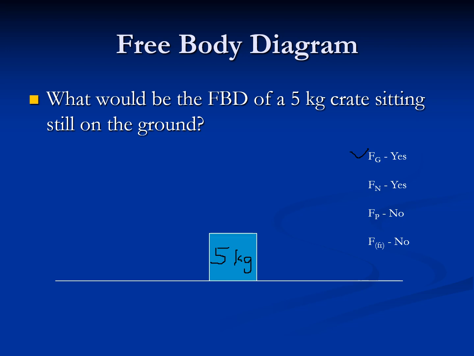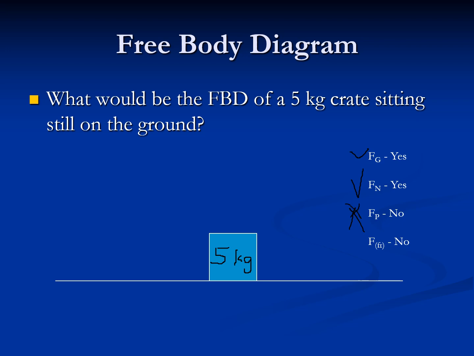Well, is there a normal force? Well, if this crate is sitting on the ground, is it touching a surface? Yes, it's touching the ground. We got a normal force. Is there an external push or an applied force? Well, it doesn't say so, and if the crate's sitting on the ground, it's probably not getting pushed. So I think it's safe to say that no, there is no external push.